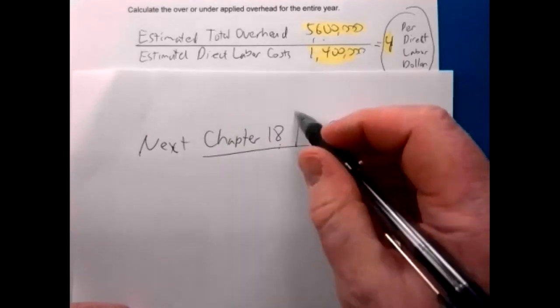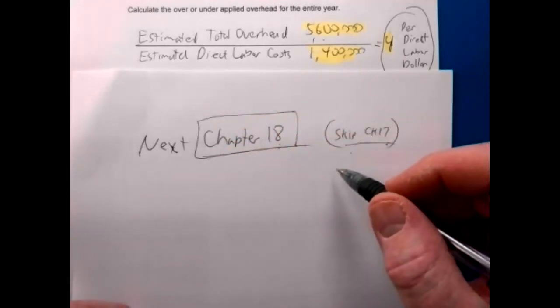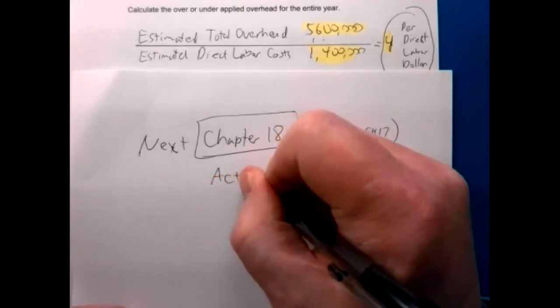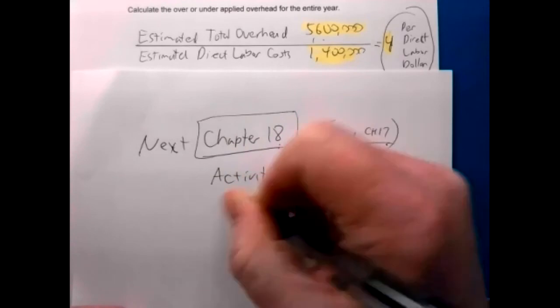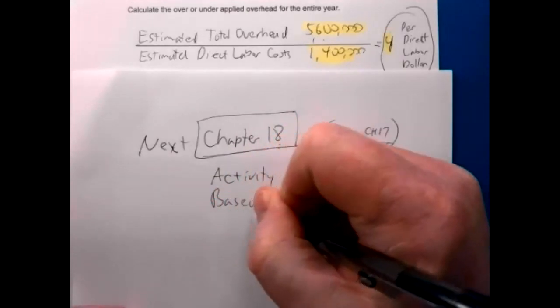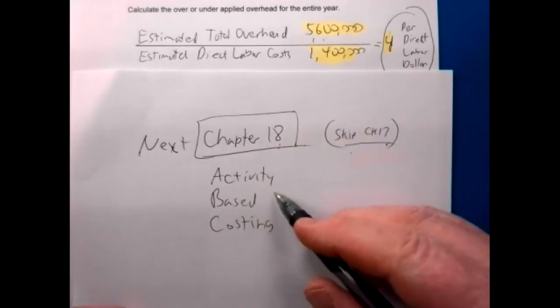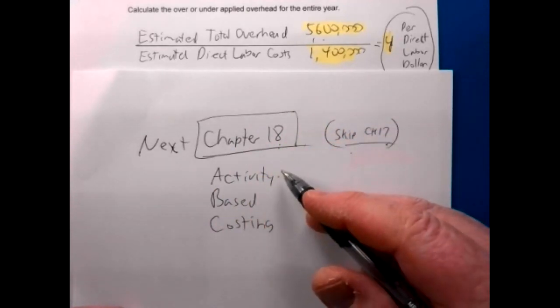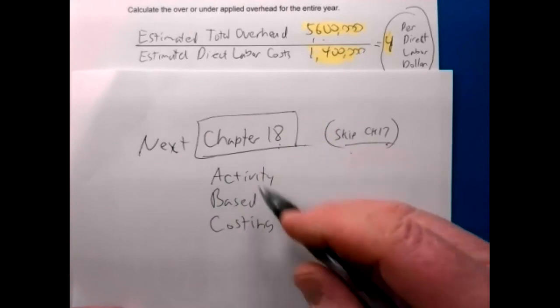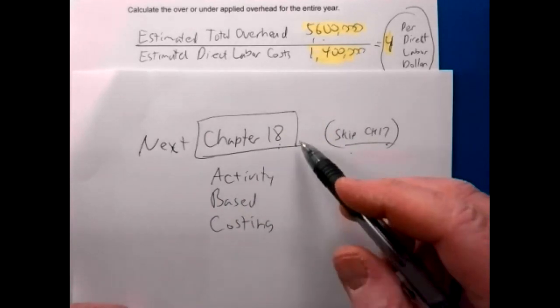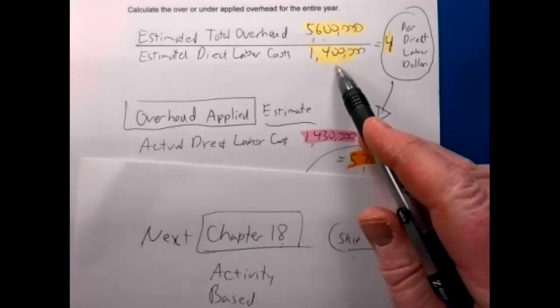Anyway, chapter 18 is actually the more relevant of those. It's called activity-based costing, and we'll talk about this next week. This is very big in business. If you're a manager or an accountant, activity-based costing is one of the really big things, and it has to do with a better way of applying the overhead.